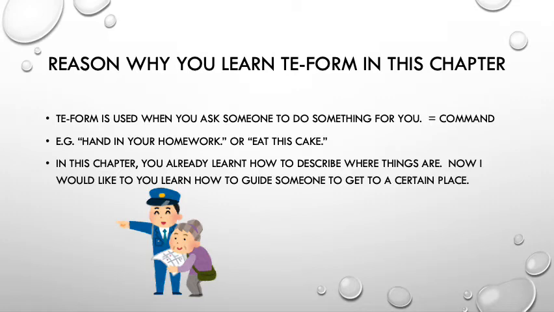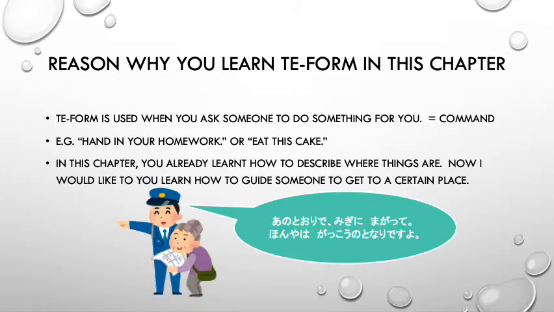In this situation, you might say in Nihongo, あの通りで, over there, that street, 右に曲がって, turn right. 本屋は学校の隣ですよ. The bookstore is right next to the school. So the police officer is guiding the senior citizen to the bookstore. That's where she wants to go.